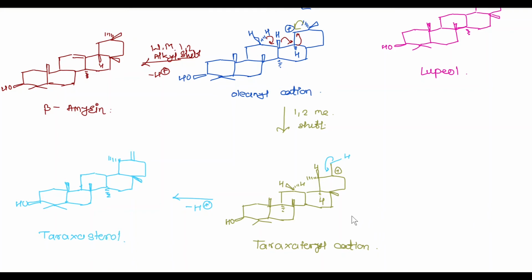taraxasterol, and instead of minus H plus, Wagner-Meerwein 1,2 hydride shift with minus H plus takes place. Then this hydrogen is eliminated, this hydrogen is shifted here, this hydrogen is shifted onto this carbon atom, and this hydrogen is shifted to this carbocation carbon, and we get alpha-amyrin.